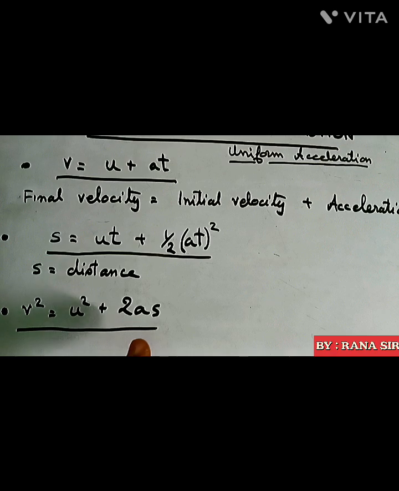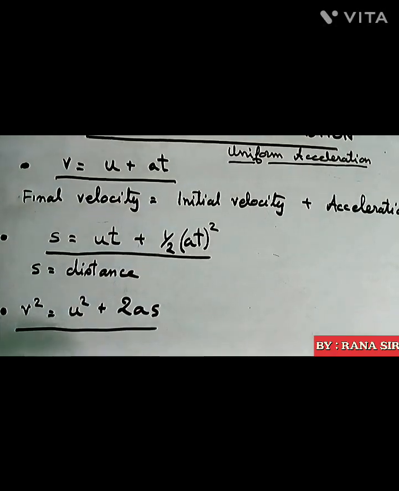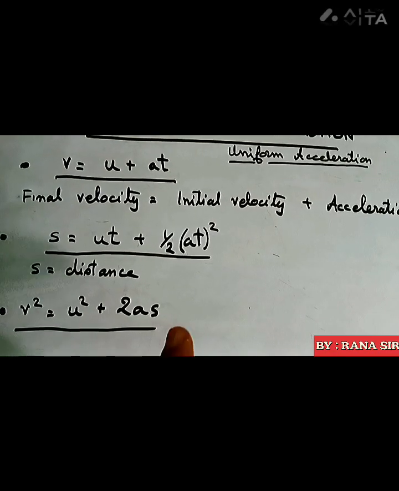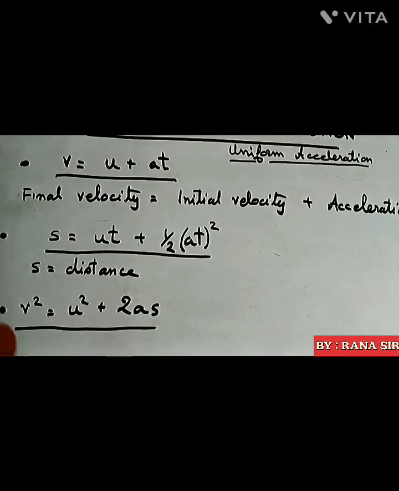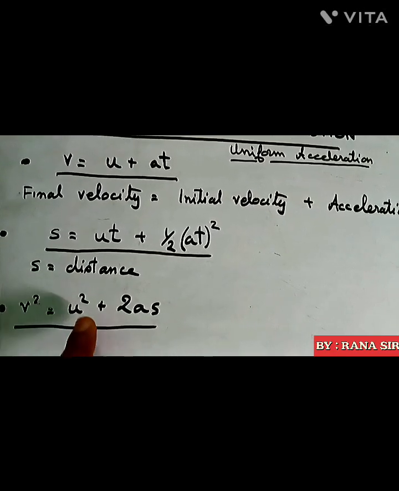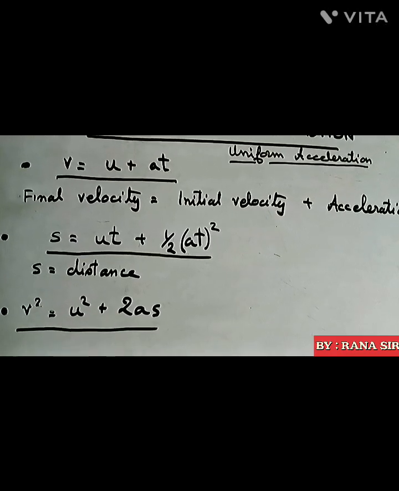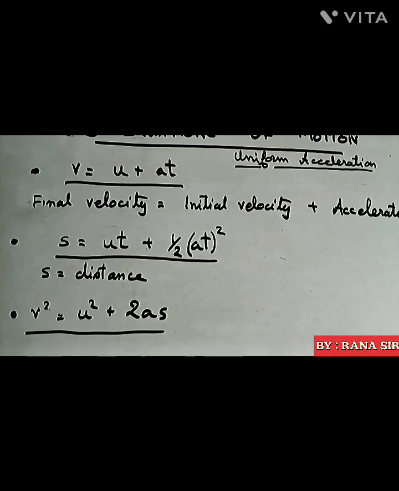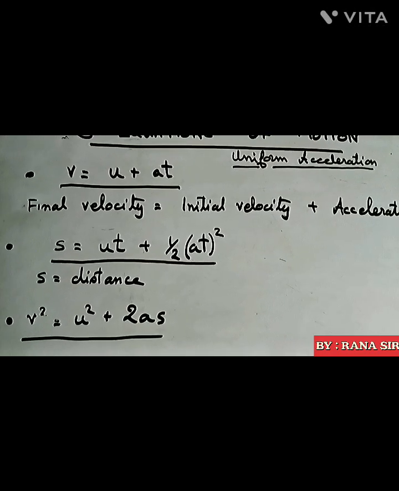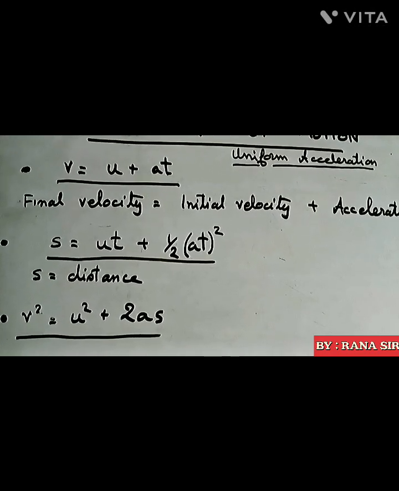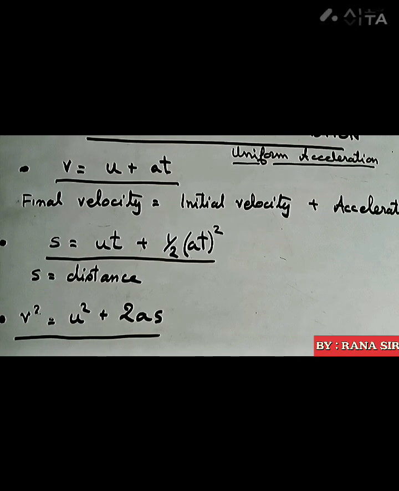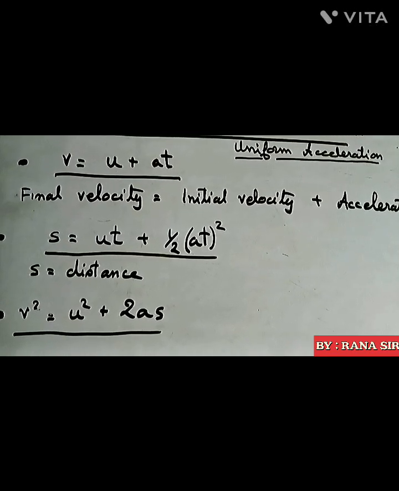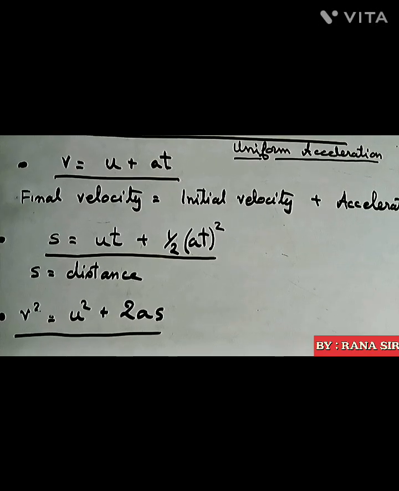Similarly, if acceleration and distance are given and initial velocity is given, we have to find the final velocity; or if final velocity is given, find the initial velocity. Using this formula we can do it. So we have to understand or memorize the formulas and tactfully use them as per the given things in the problem to find the unknown figure.